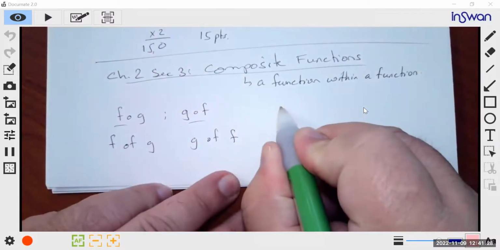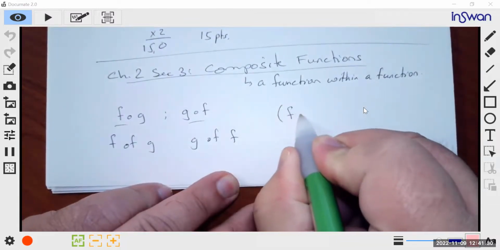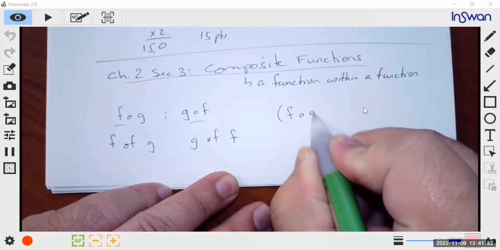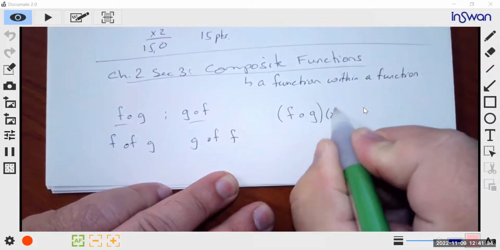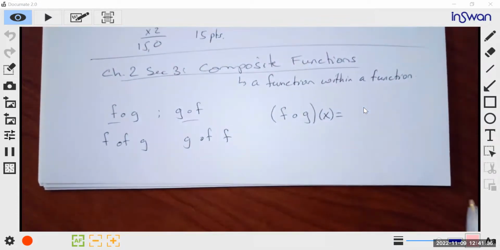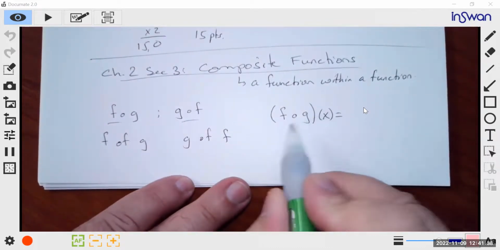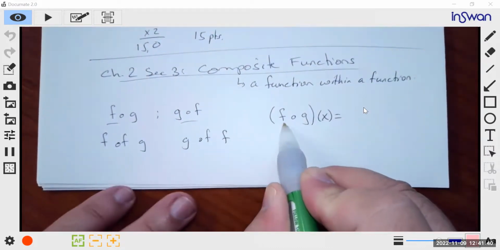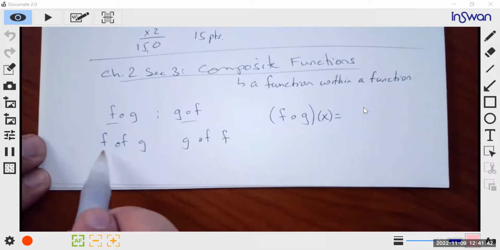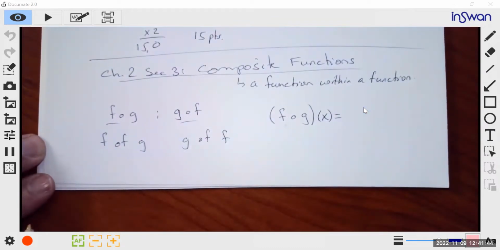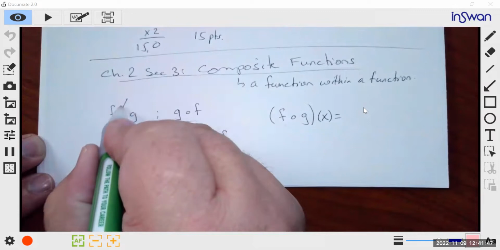So what this means, remember they're functions, so they have to be represented with x. This one's read f of g. That little o there is the word of.